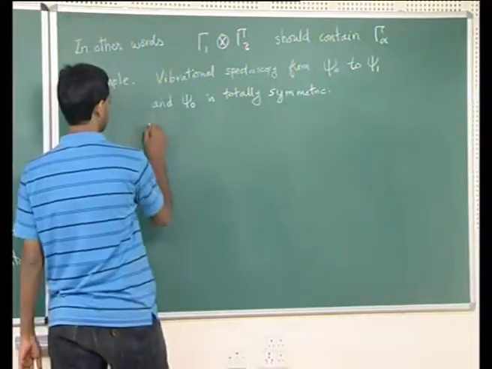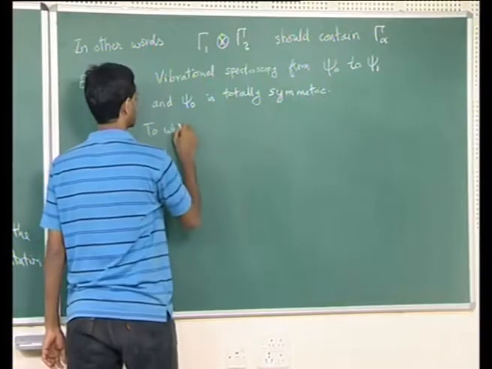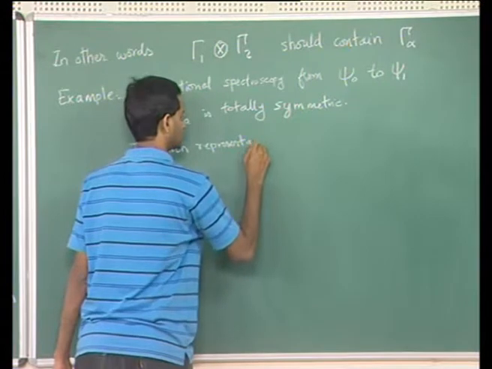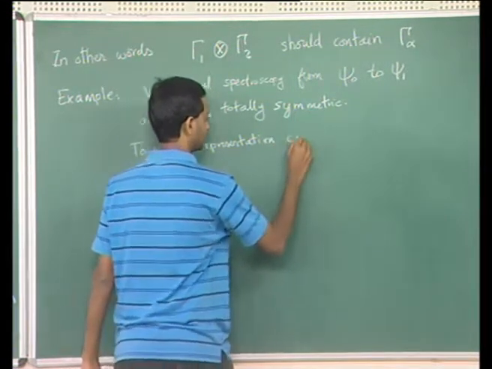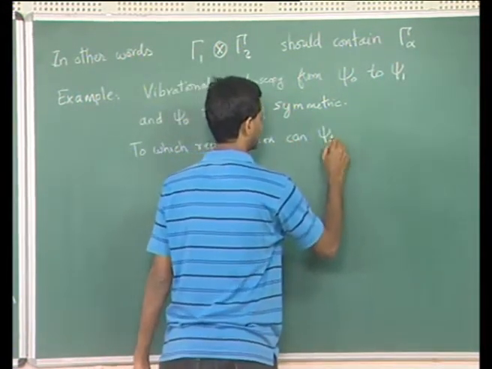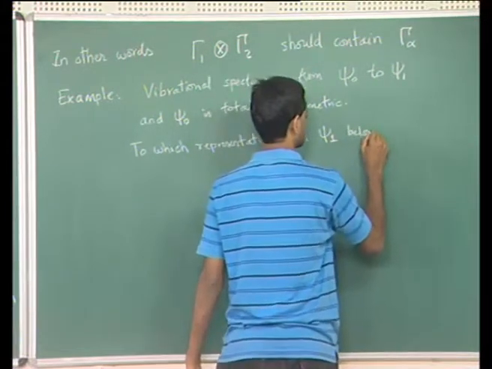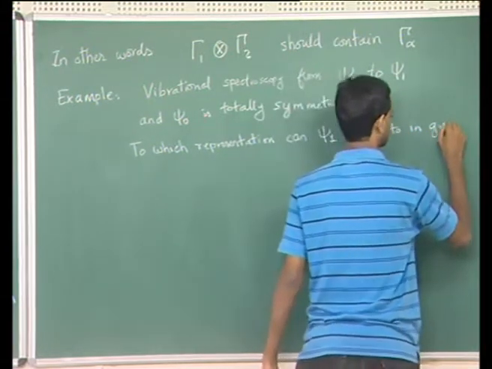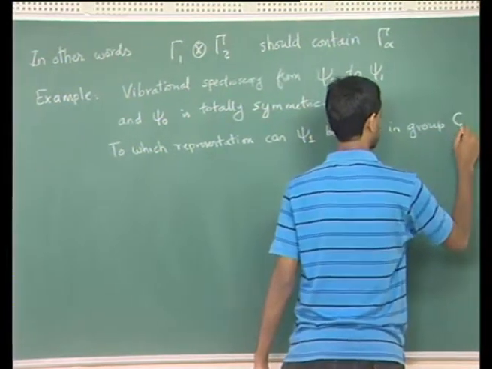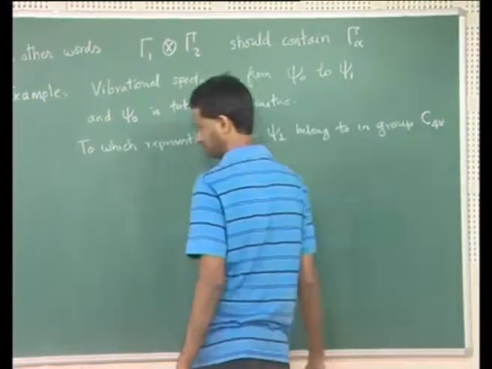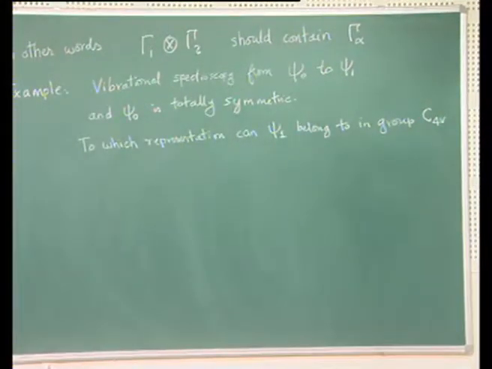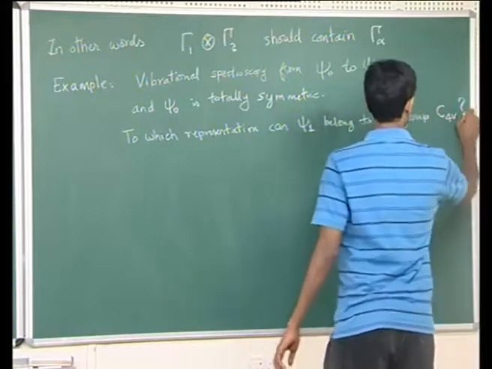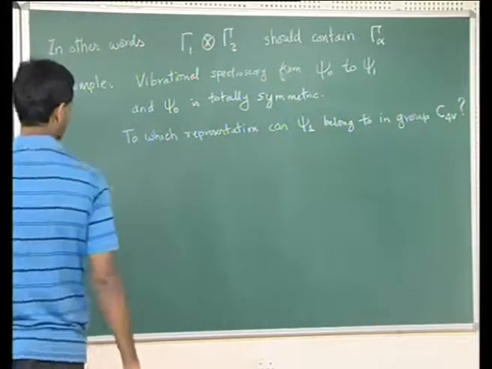Now, the question is, to which representation can psi 1 belong in group C4v?